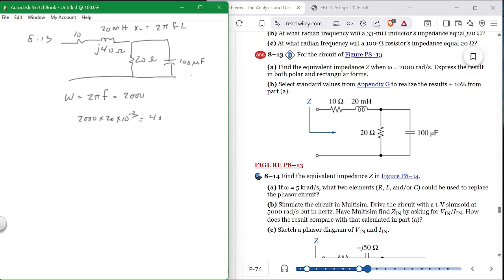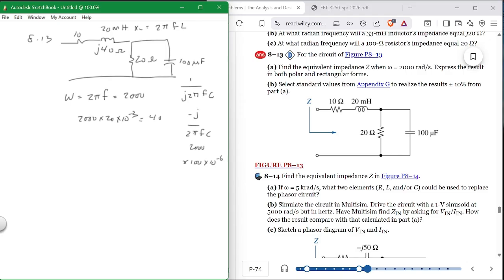What about over here? 100 microfarads. It's 1 over J 2 pi F C, or minus J over 2 pi F C. So the 2 pi F is 2,000. C is 100 times 10 to the minus 6, and that's in the denominator. So it's 1 divided by, parenthesis, 2,000 times 100 e to the minus 6, parenthesis.